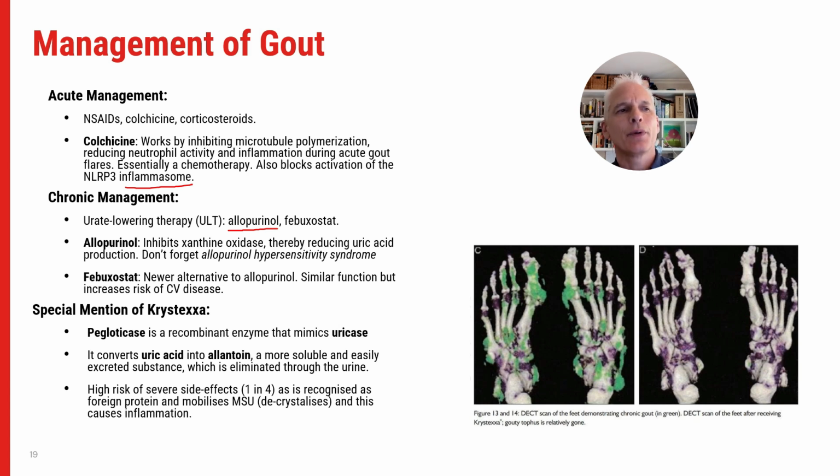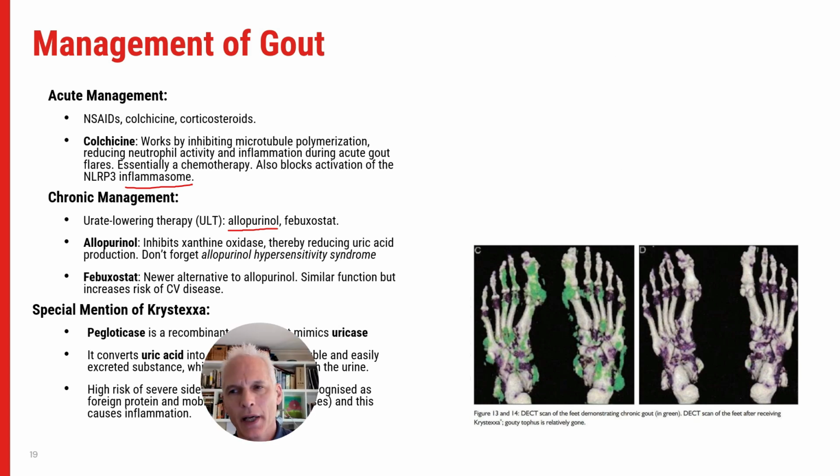Now, in some people, they can develop something called allopurinol hypersensitivity syndrome, which is not particularly pleasant. It can cause hospitalization. So some people are not suited to taking allopurinol. So there is another drug that they can take, which is called febuxostat. Now, that's a newer alternative to allopurinol.